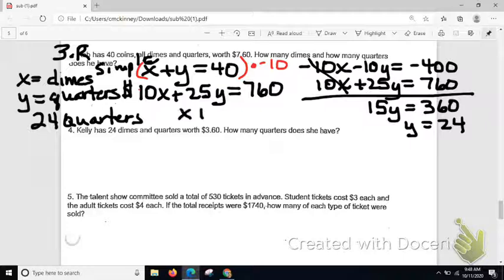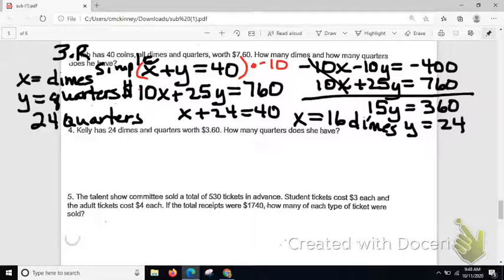If I said x plus 24 is equal to 40, subtract 24 from 40, and x must be 16. So 16 dimes. So 24 quarters and 16 dimes, or 16 dimes, 24 quarters.